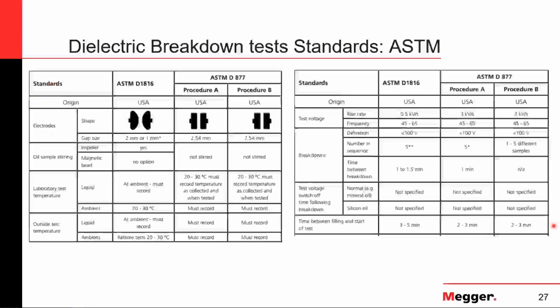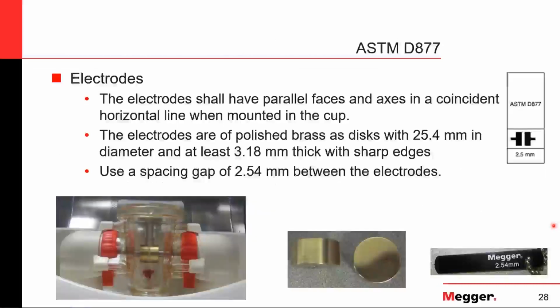When you install the electrodes in the actual vessel, you install them so that those internal faces are completely parallel to each other, and both electrodes should be horizontally aligned in the axis. The gap between the two electrodes will be 2.54 millimeters, and again this is for ASTM D877.